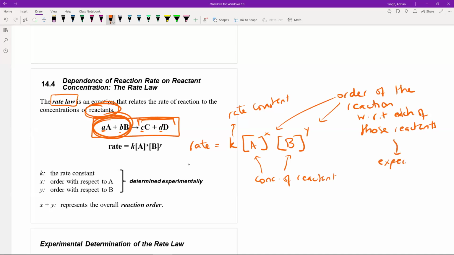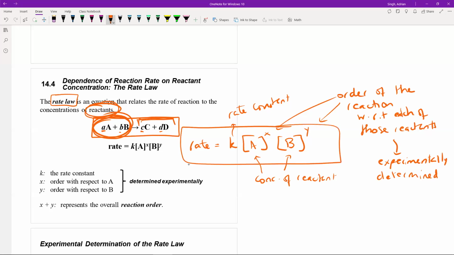And those x and y values, whatever they are, need to be determined experimentally. You can't use stoichiometry to determine them. You have to determine them from experiment. So that's our general form for the rate law: the rate constant, the concentration, as well as the order of the reaction with respect to each of the reactants.